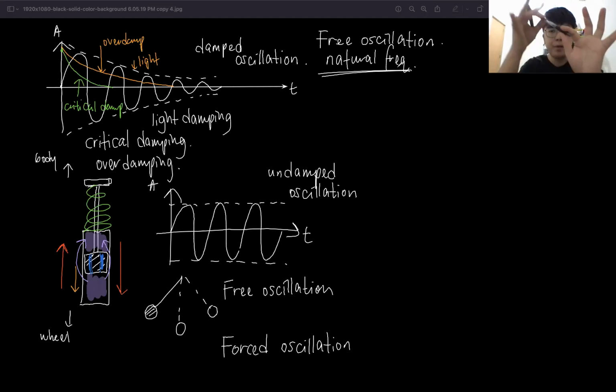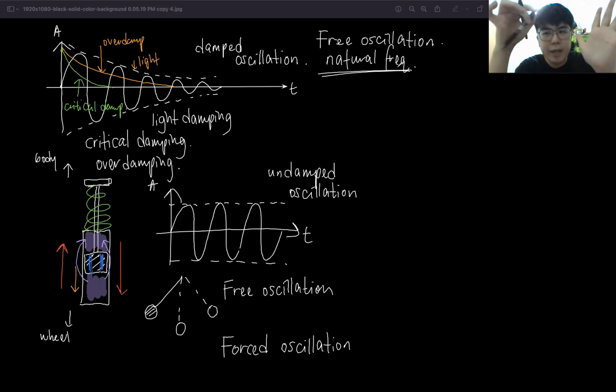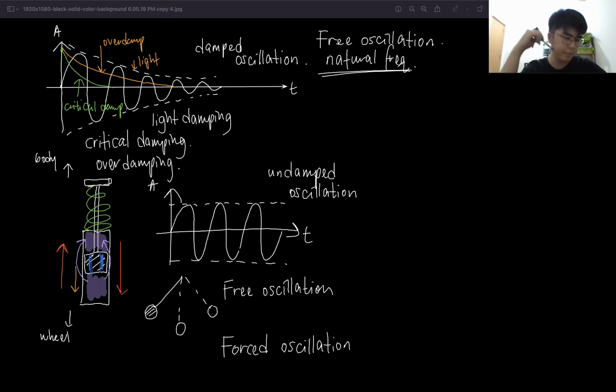So for example, I let go of the pendulum and then I observe and calculate the frequency. Let's say it does 20 cycles in 1 minute. That means the frequency is 20 oscillations per minute.